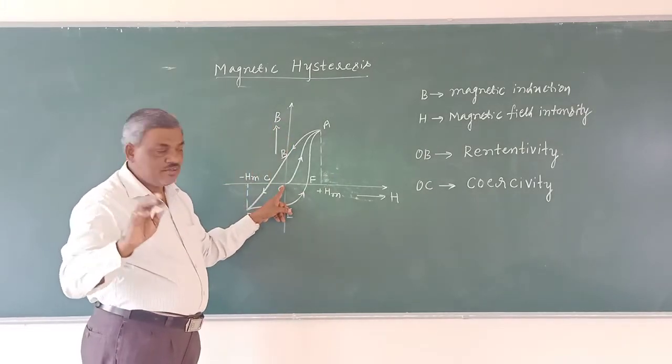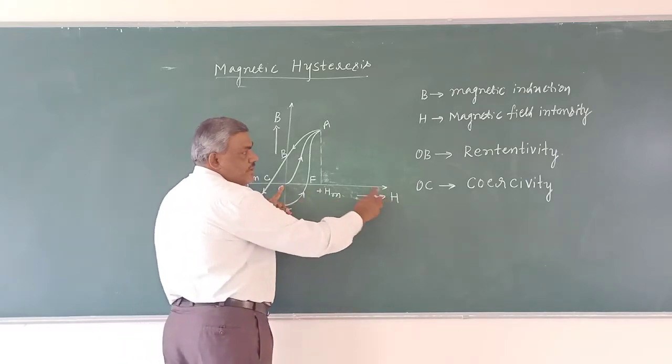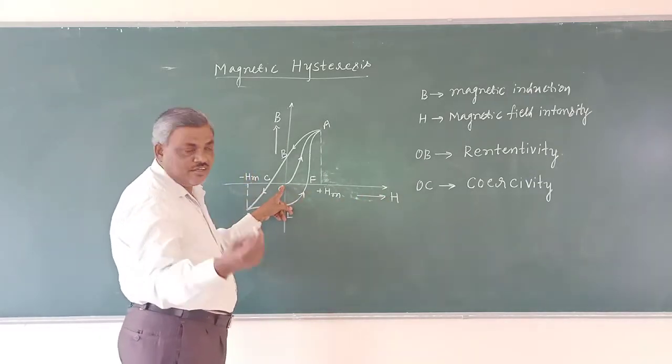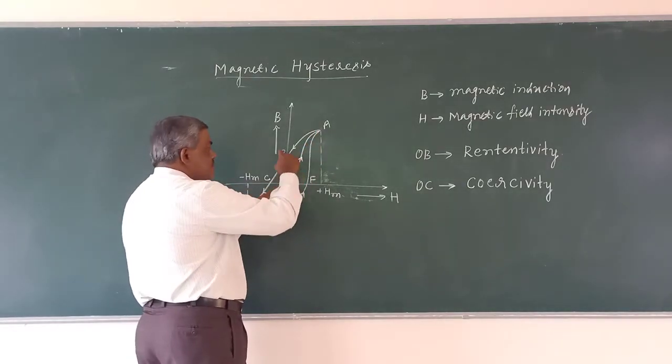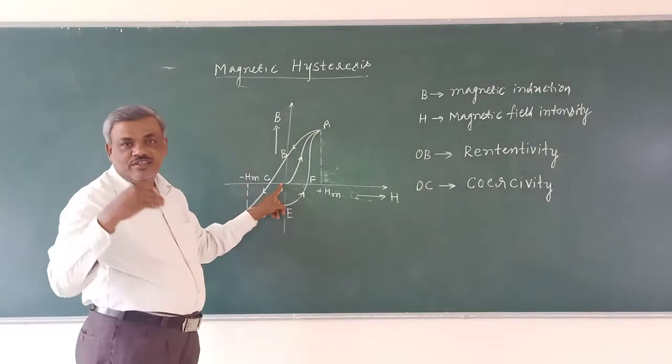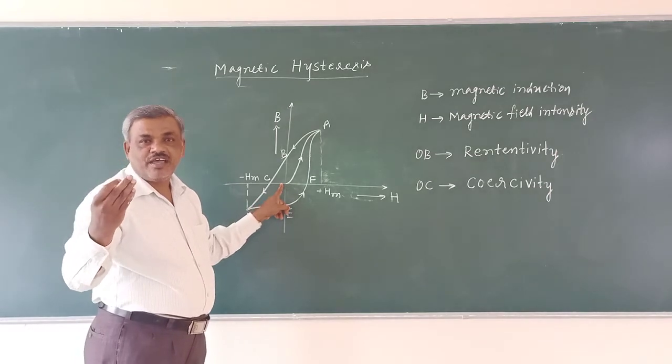Then the magnetic field intensity H increases from 0 to maximum, so B also increases. The specimen gets magnetized.